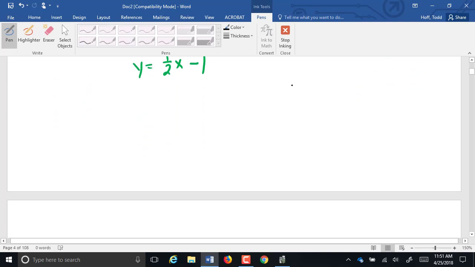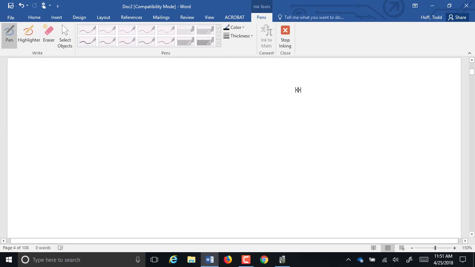Well, we can continue down this line and go to, rather than giving you the y-intercept, giving you just a point that the line goes through.